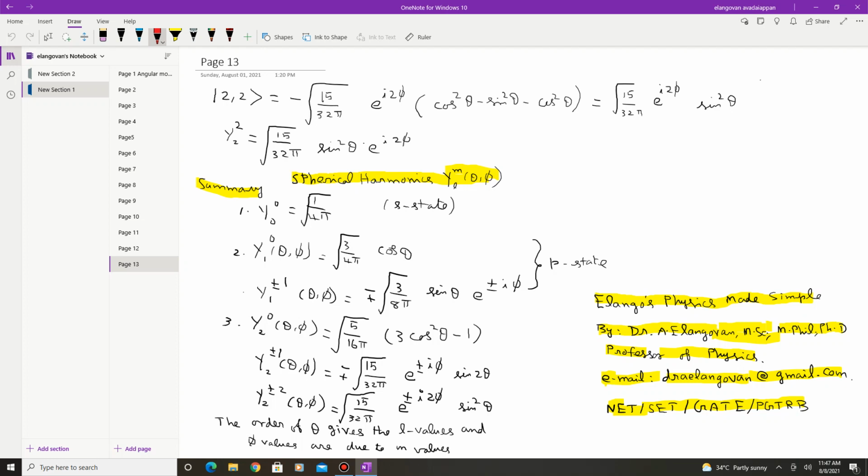So it is reduced to this. So Y22 is equal to this Y22, square root of 15 by 32 pi sin square theta e power i 2 phi.